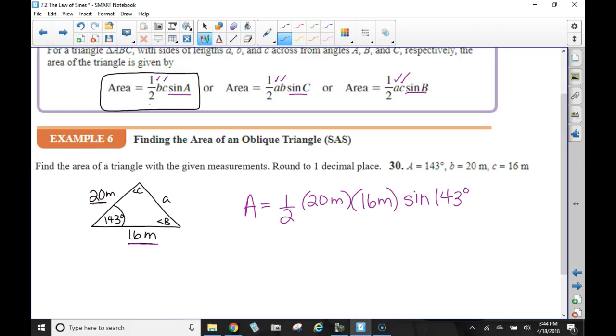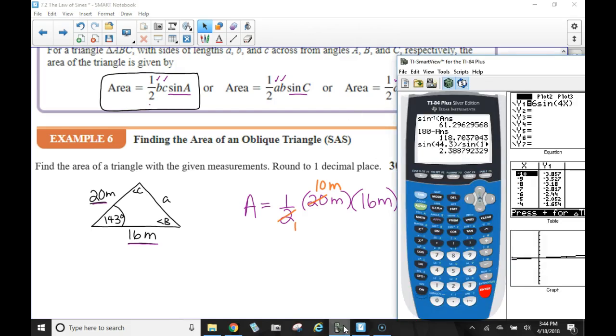To make the calculations a little easier, instead of punching all this in and then dividing by 2, we could go ahead and reduce. So when we're punching this into our calculator, we just need to punch in 10 times 16 times the sine of 143.